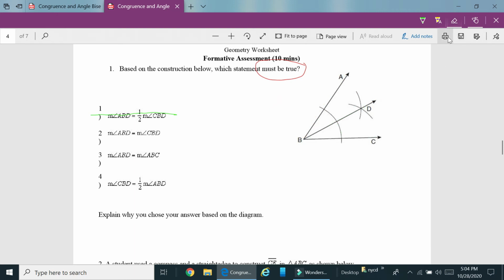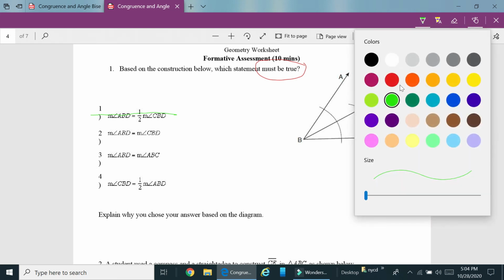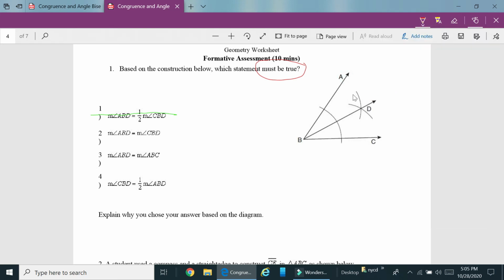Now let's look at, let's see, I'll use this one. Now is A, no, that doesn't work. Is ABD, so A, B, D, okay, is that equal to CBD?